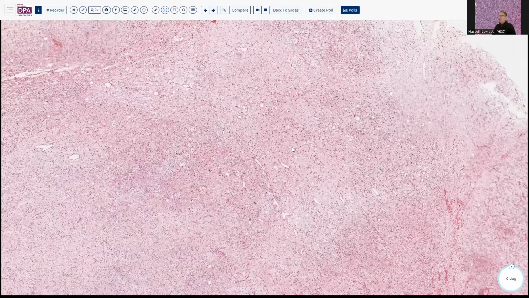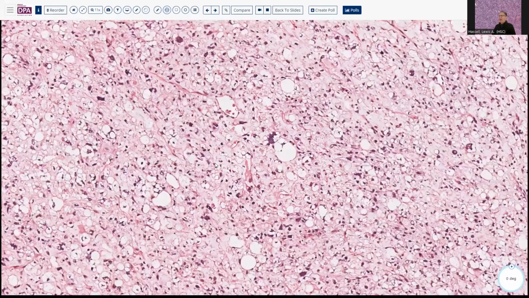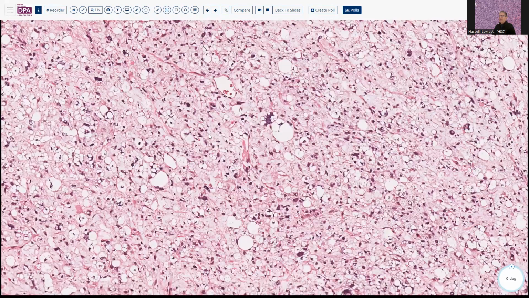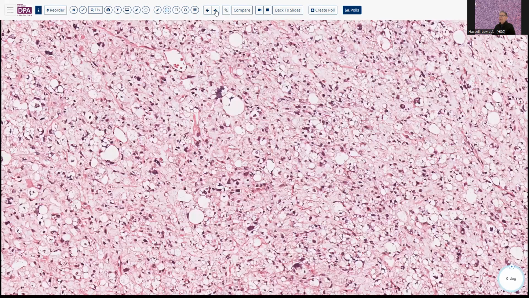So yes, we do have some pleomorphism here, but if we just had a biopsy, we might wonder if we had sampled it well enough to exclude myxoid liposarcoma in this situation. So again, a nice example of some of the overlap features that you may encounter histologically and when you should be thinking one versus the other.